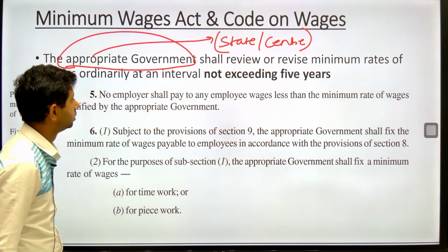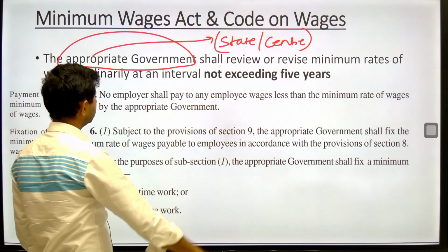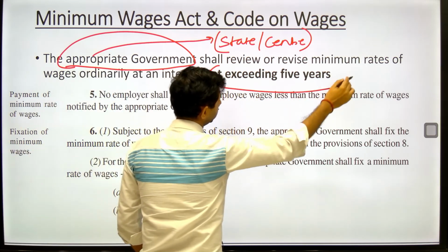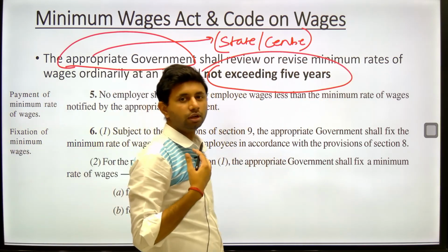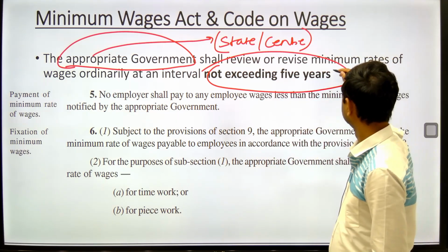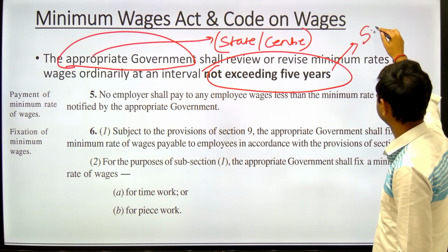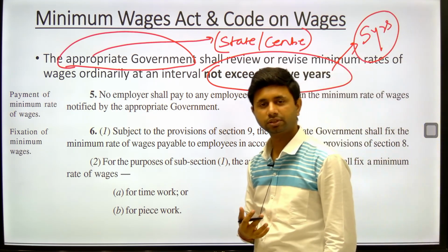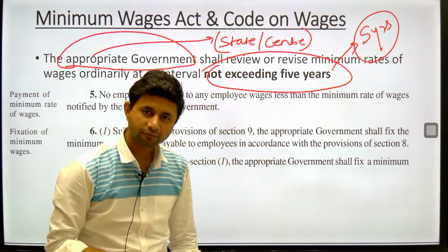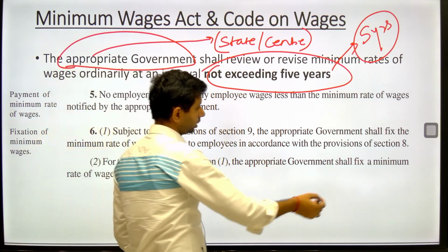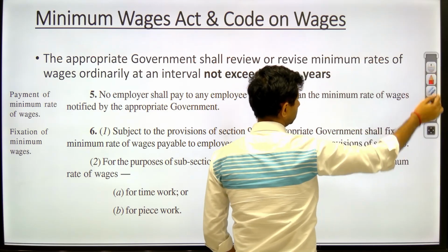They shall review or revise minimum rates of wages ordinarily at an interval not exceeding 5 years. So 5 years is the maximum limit. They can revise within 5 years, but after 5 years they have to revise or review the minimum rates. So this is the law.